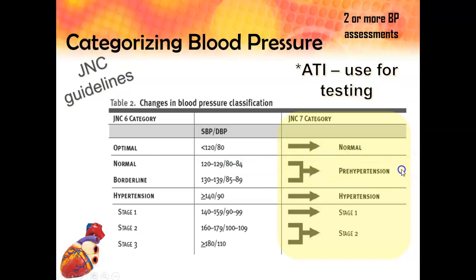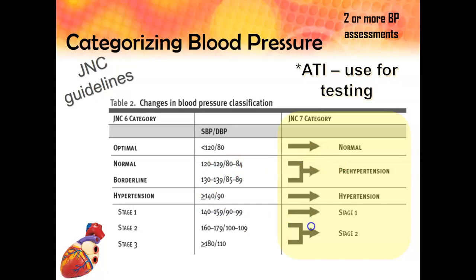Your pre-hypertensive range is measurements anywhere from a systolic of 120 all the way up to 139, with a diastolic anywhere from 80 to 89. Any value equal to or greater than 140/90 is considered hypertensive. It then breaks down further into stages of hypertension.